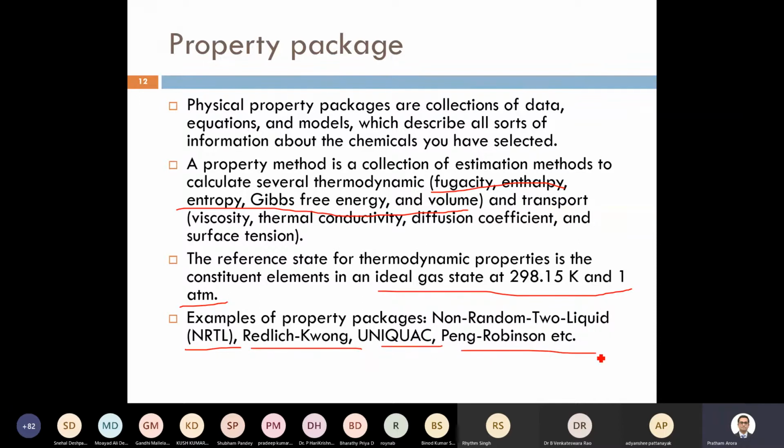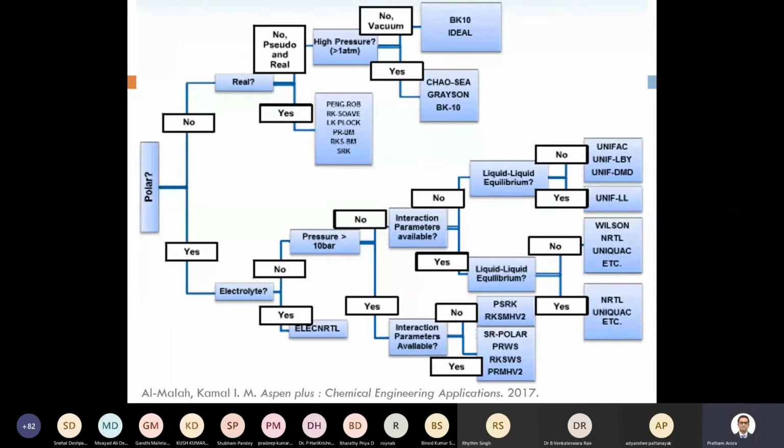So different systems would have different types of property packages applicable to them, and this particular software has many of them available by default. Just to give you an example, depending upon whether the system is polar or not, you can estimate. Most biomass systems would not be polar, and since it's a real system, we would go for these particular types of equations, which are RKS, RK, Peng-Robinson, RKS-BM, or SRK. But needless to say, there are other types of systems as well.